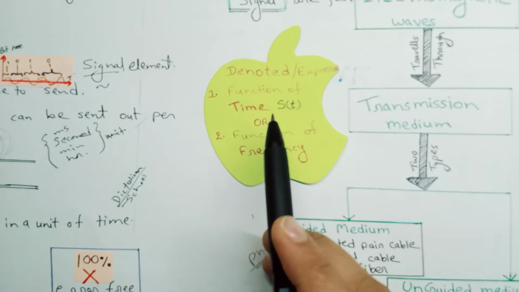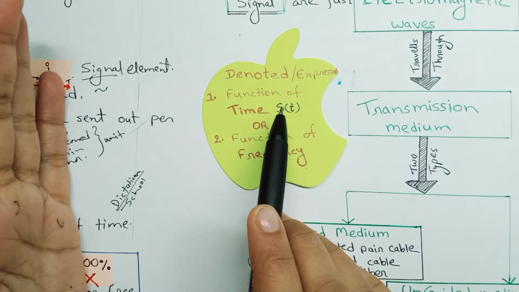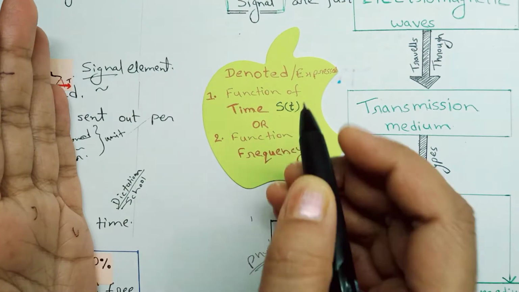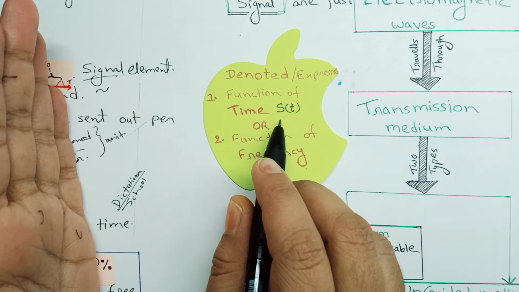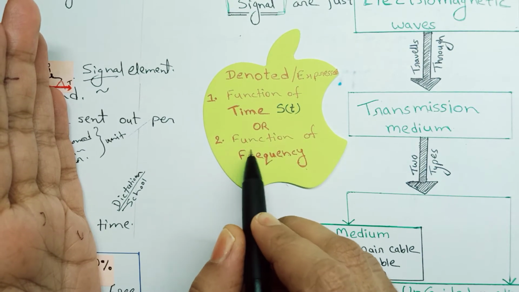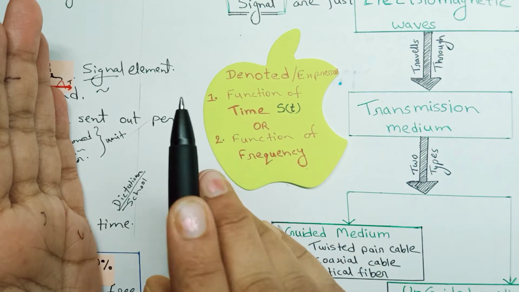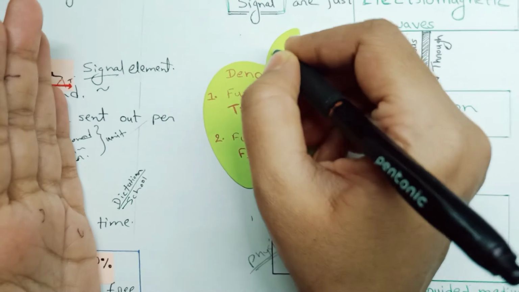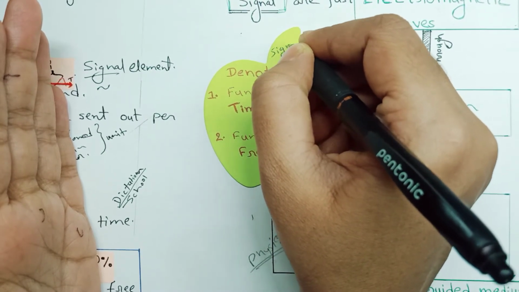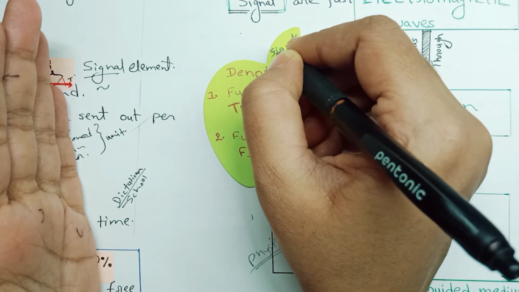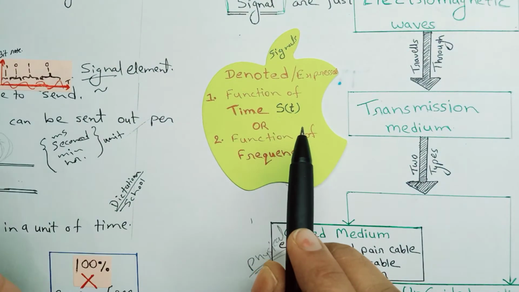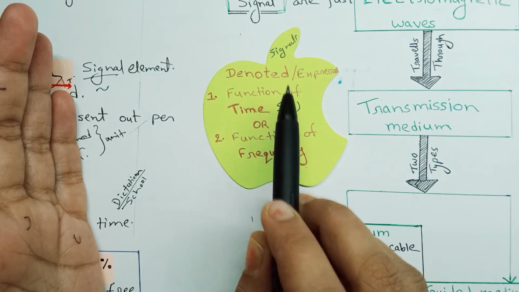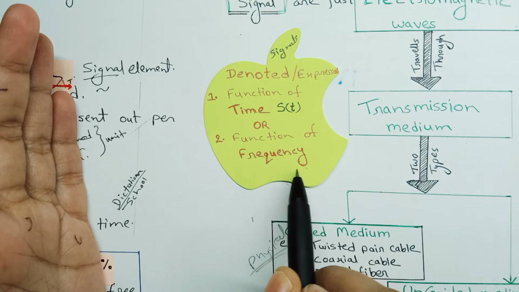Now, signals are denoted or expressed as a function of time, s(t), where s stands for signal, or as a function of frequency.